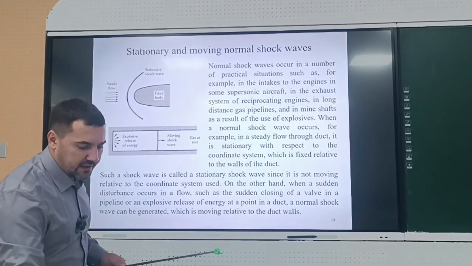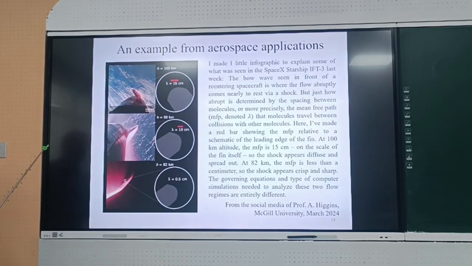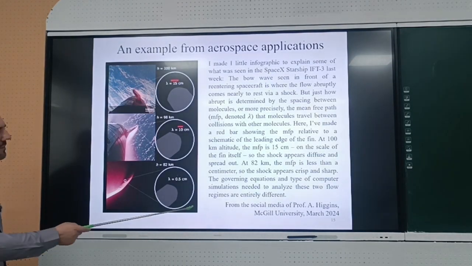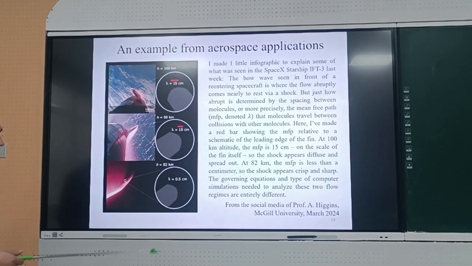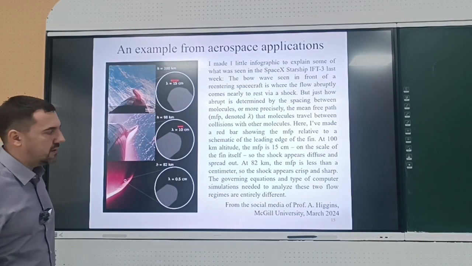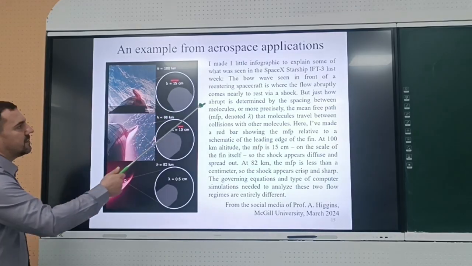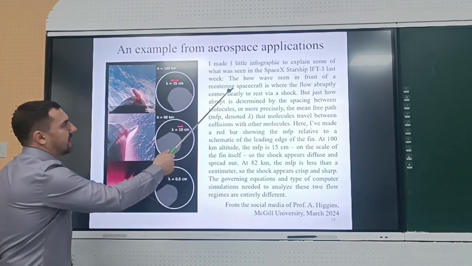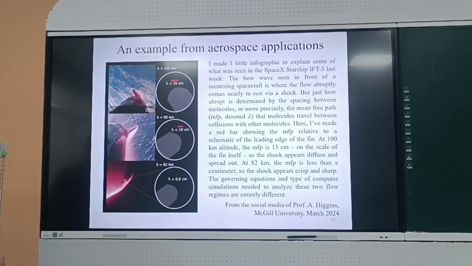Actually, I enjoy this illustration of the shock wave. This is from the social media of Professor Higgins from McGill University. He is one of the world experts in high-speed compressible flows, combustion, detonations, shock waves, and so on. He provided an infographic to explain what was seen in the SpaceX Starship flight, which was more than one year ago.